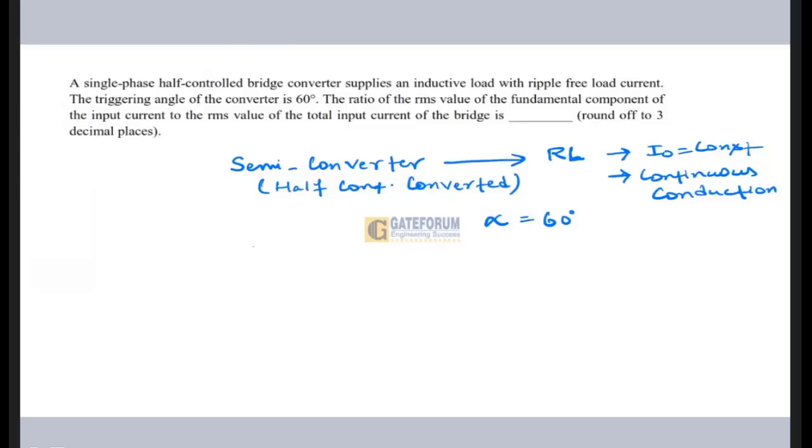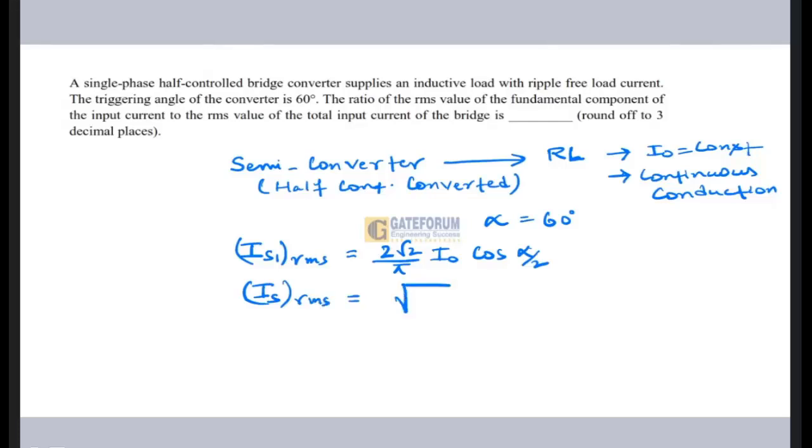I told you that the fundamental RMS source current was equal to 2 root 2 by pi I naught cos alpha by 2, and the total RMS input current is equal to I naught under root pi minus alpha upon pi. Yes or no? So they have asked us the ratio of this.